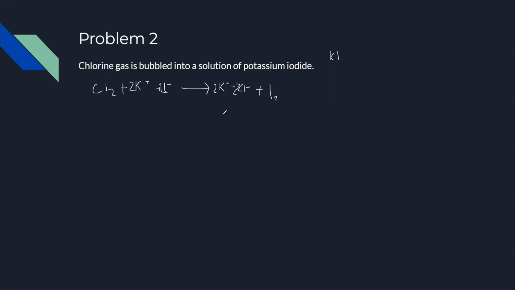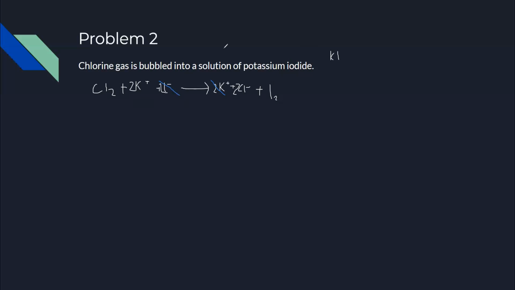So you also want to balance these out, and that's pretty easy once you get the hang of it. K is just a spectator ion, as it's not changing anything, while the Cl is changing from Cl2, which is a gas, to 2Cl minus, which is different from Cl2. The only thing you have to take out is the 2 Ks.